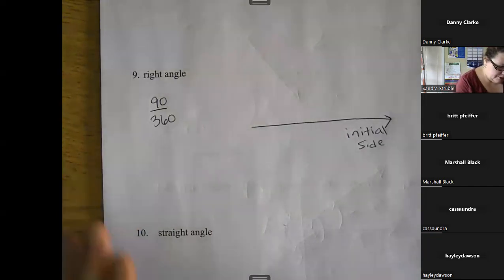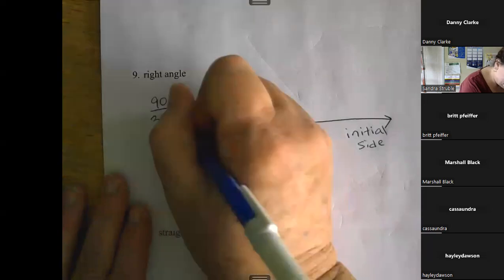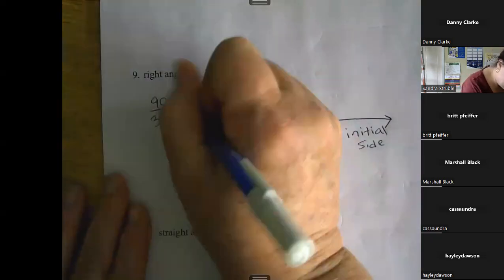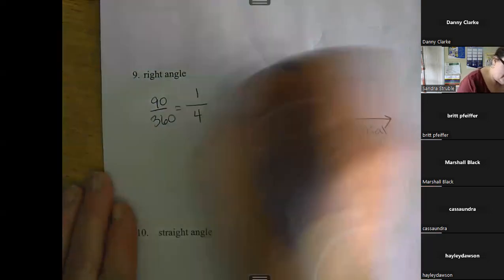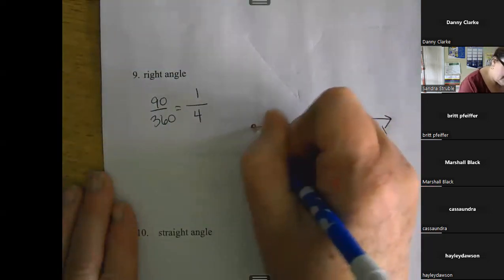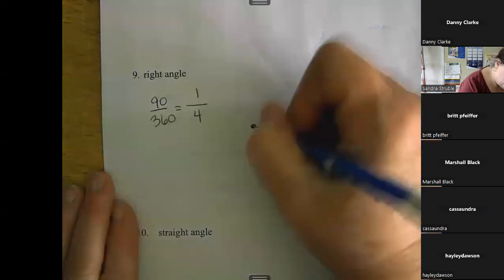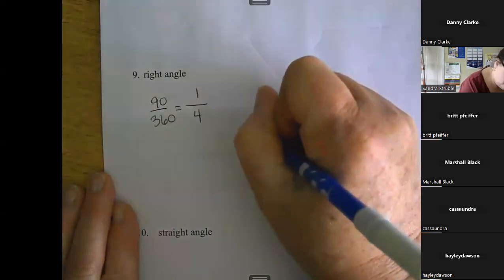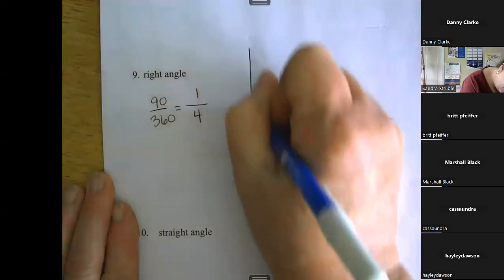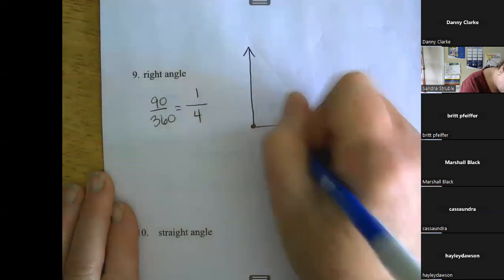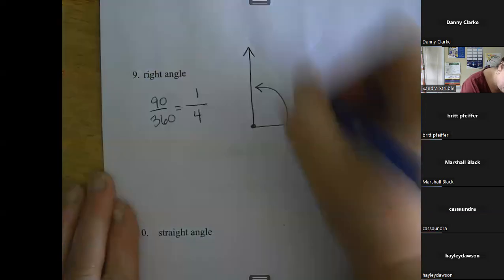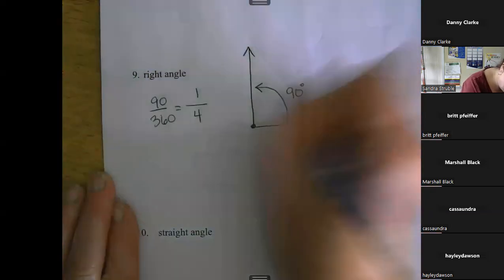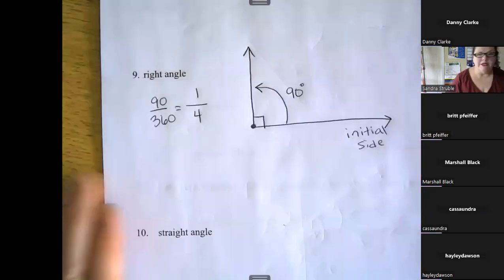All right. So because I know to reduce this, 90 goes into 360 4 times. So this is just 1/4. So if I'm thinking of this entire thing as a circle, here's my vertex. 1/4 of that circle is going to be, I am horrible at drawing straight lines, straight up and down to where this angle to my terminal side is going to be 90 degrees, also represented by a cute little square.